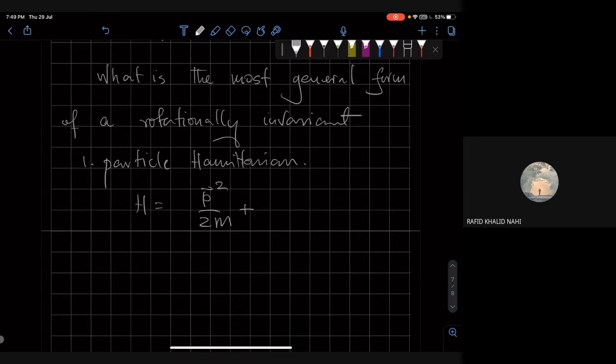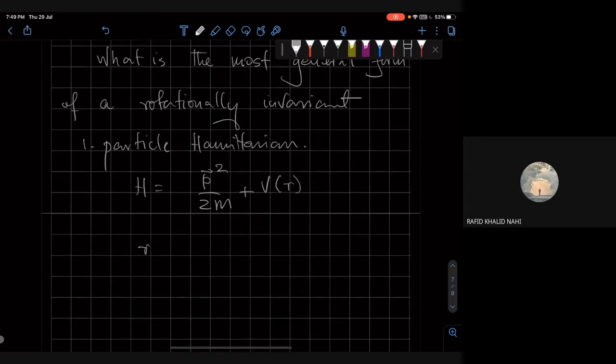Then a spherically symmetric potential. In principle it could depend on x, y, and z, but for a rotationally symmetric Hamiltonian it'll just depend on r.